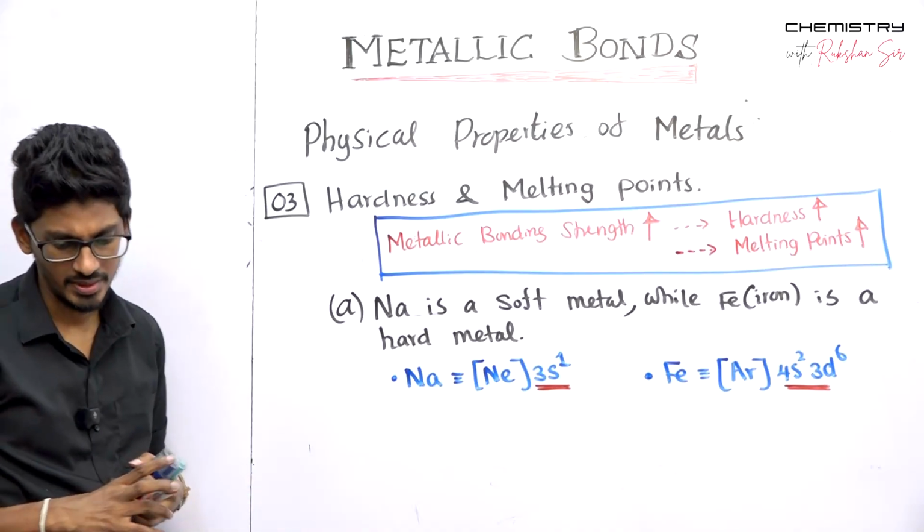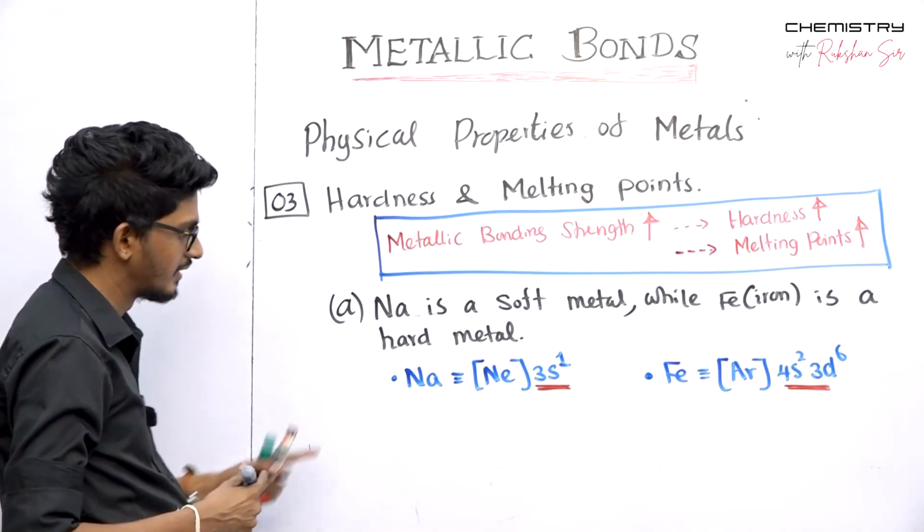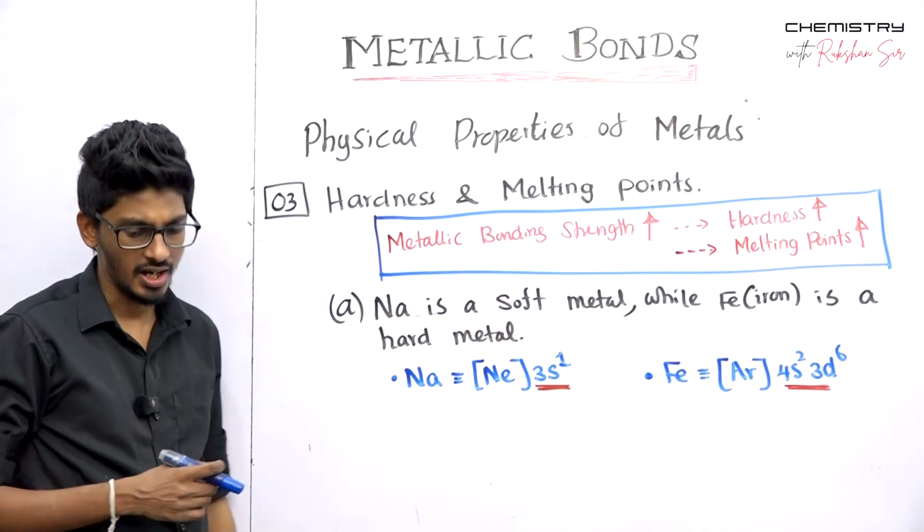So let's write the points in your note. Just complete the stuff. Sodium is a soft metal while Fe is a hard metal.